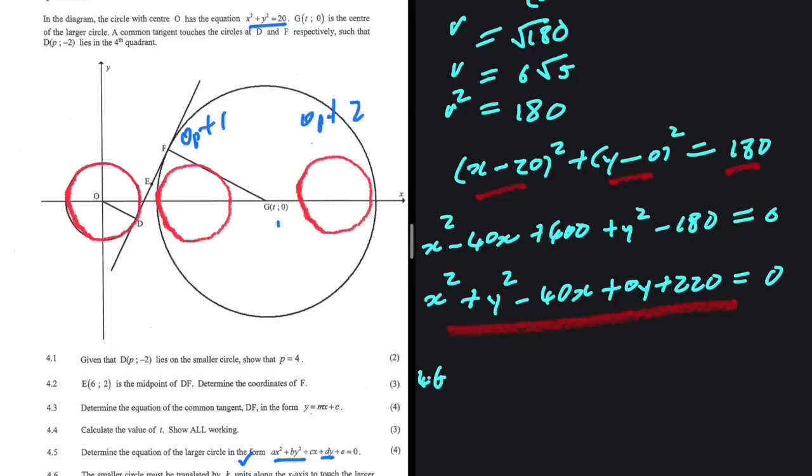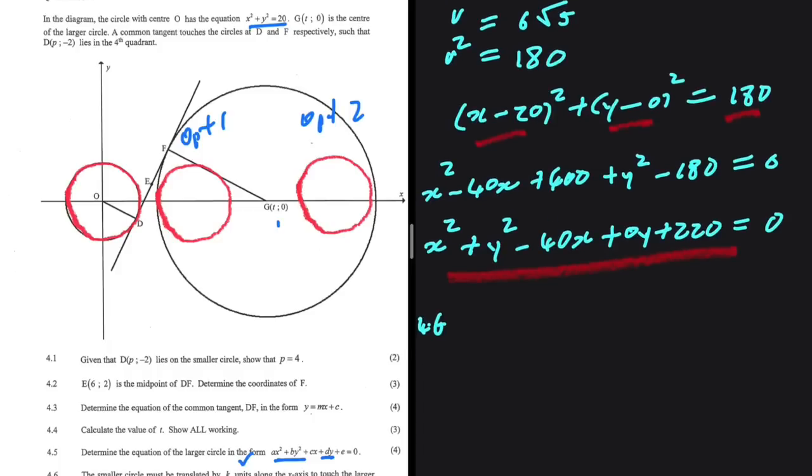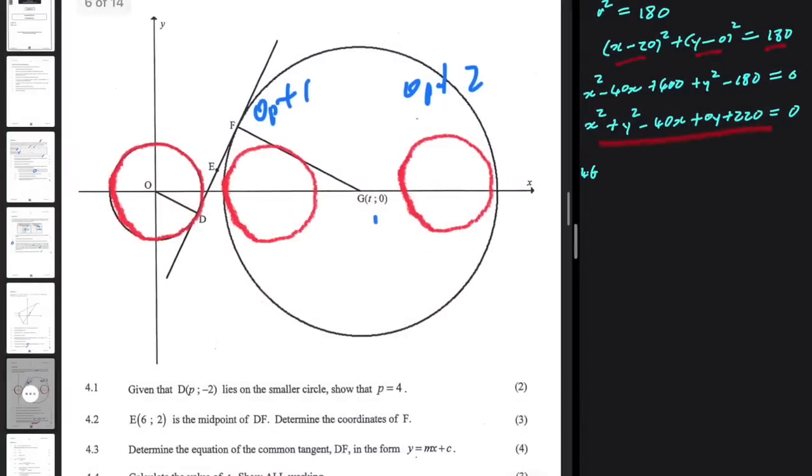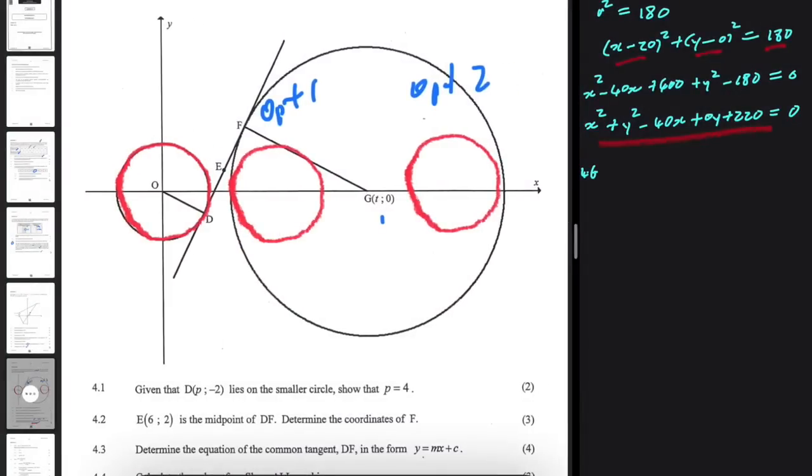That's what we mean when we say they touch internally. So there are 2 ways of doing this. You can do it in an algebra intensive way, or you can just analyze the diagram like I'm about to do right now. Let me enlarge this and show you something.